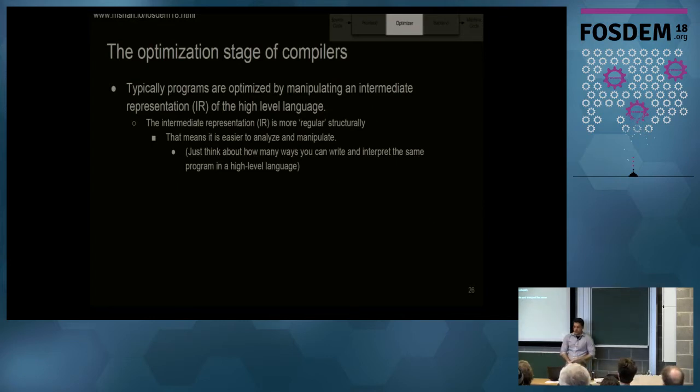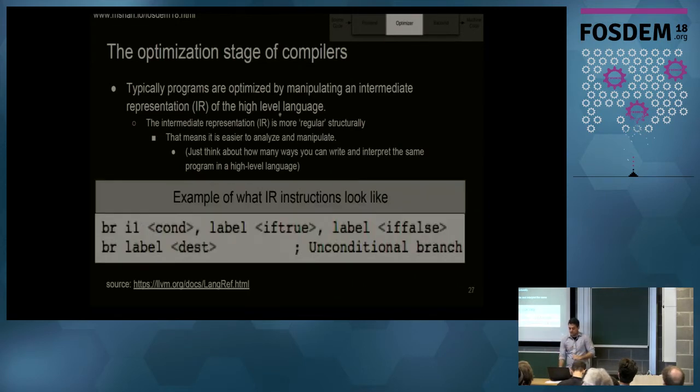Just thinking about why we would want an intermediate representation: think about how many ways you could write a C or C++ program that achieve the same thing. But can we have a better, more regular structure? Here's an example of what an IR instruction looks like in LLVM. It's a branch instruction, branching over some condition if it's true or false, and then jumping. So it looks like assembly.